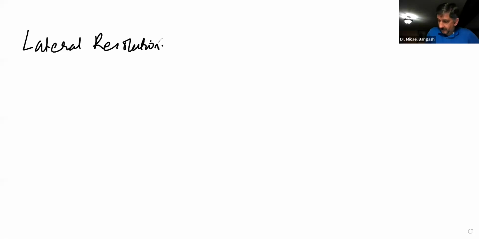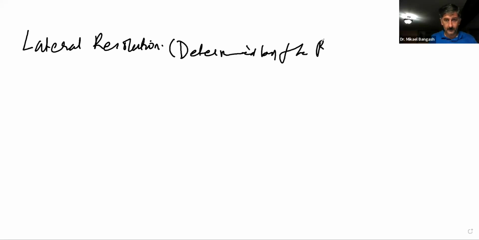Then we can go on to the next resolution, which is going to be your lateral resolution. Before we go into the details of the lateral resolution, this is going to be determined by the beam.